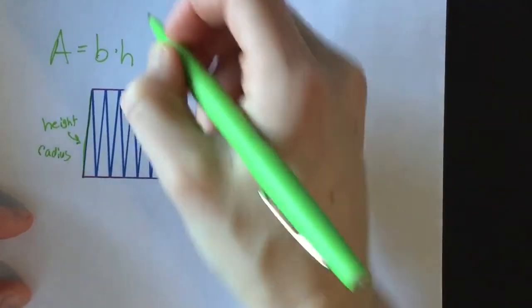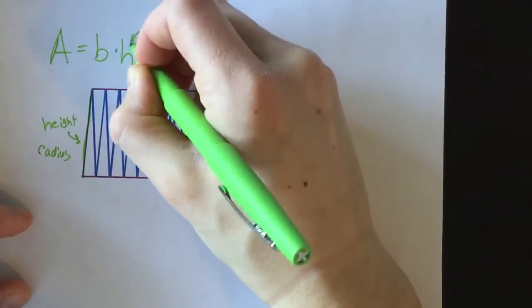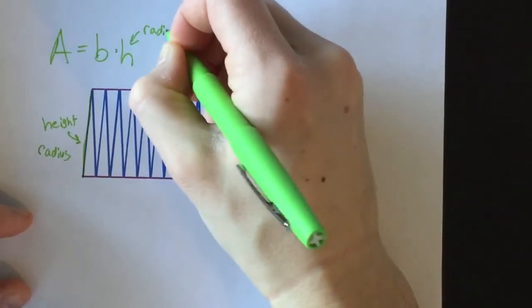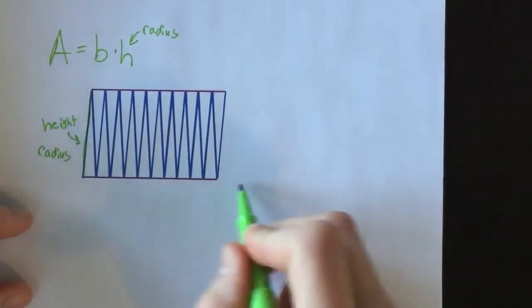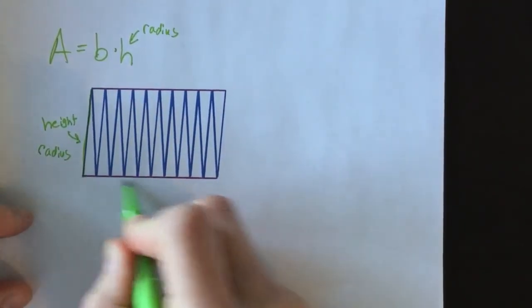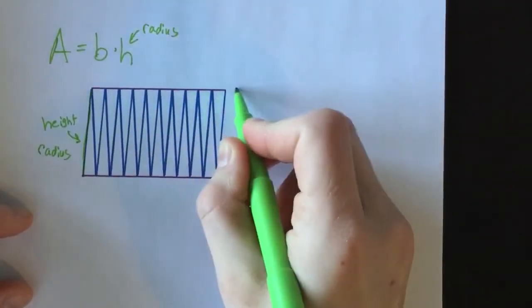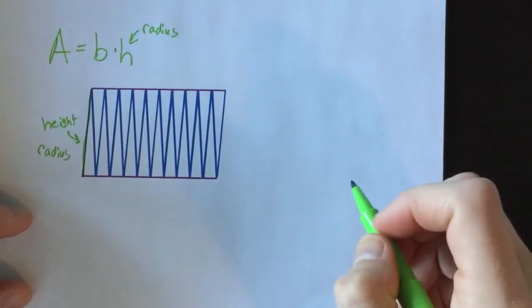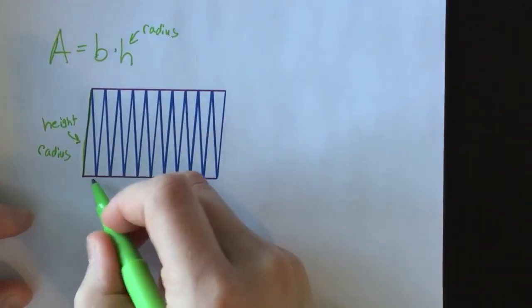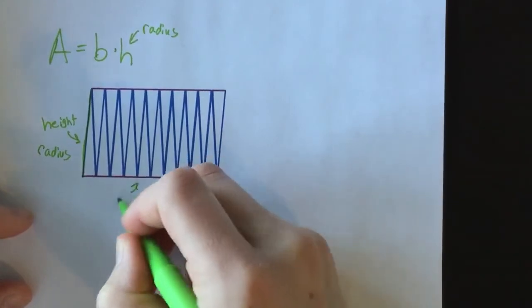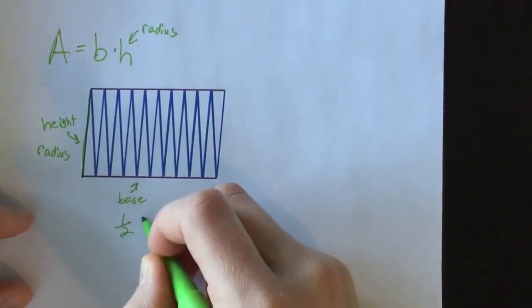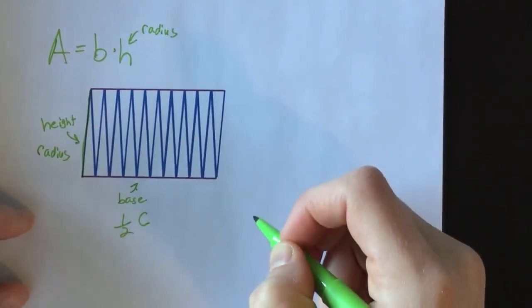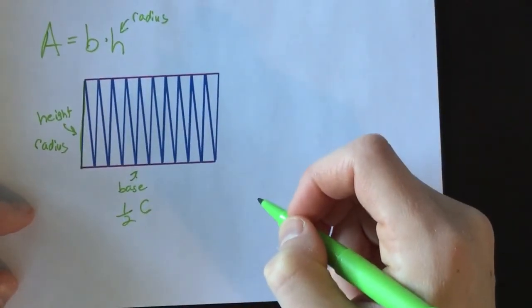So instead of thinking of our area formula with height, we can just instead say radius. And then we have the base. I have that purple line here and purple line here, which shows us our circumference. So this bottom purple line, our base, is really half of our circumference, or I'm going to say 1/2 C.